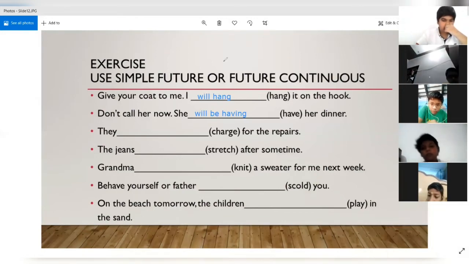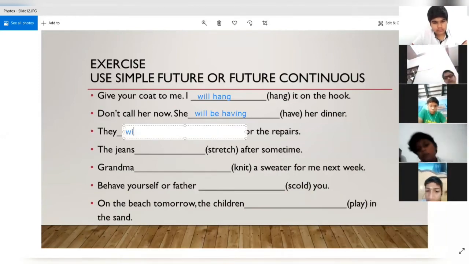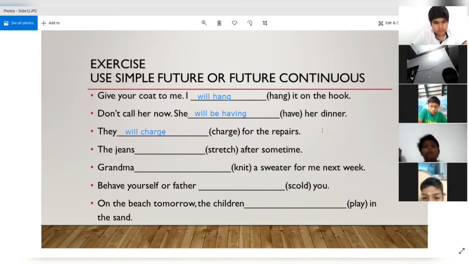Yes. So it means that we are stating a fact, right? And we can use the simple future form to state a fact that if you go to their shop for the repairs, then they will charge you money if they are repairing something. Yes, because it's a basic fact that if you have some work done at a shop, then they are going to charge you. All right.